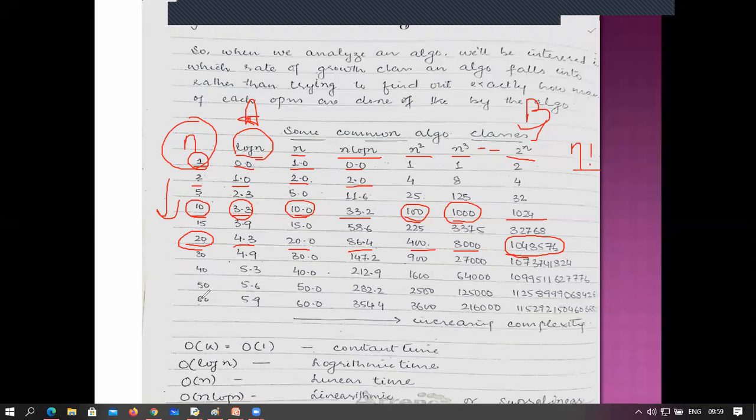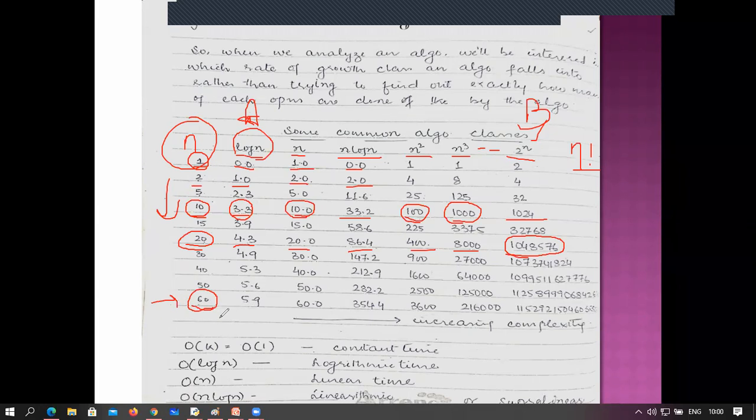Now take the value of n as 60. Obviously, 60 is actually very low. 60 means just 60 elements. Suppose I want to sort or search for a particular student from your class; even in your class, you have 80 plus students. So 60 is very less.